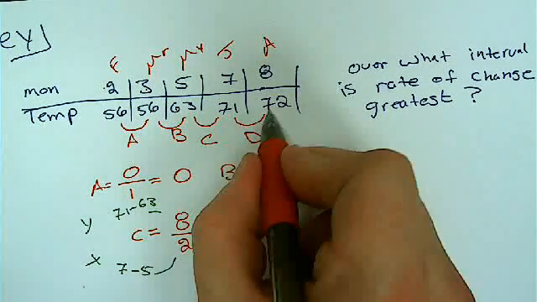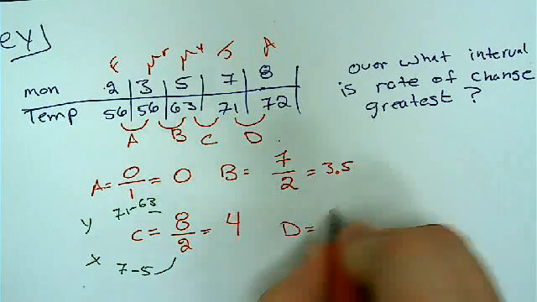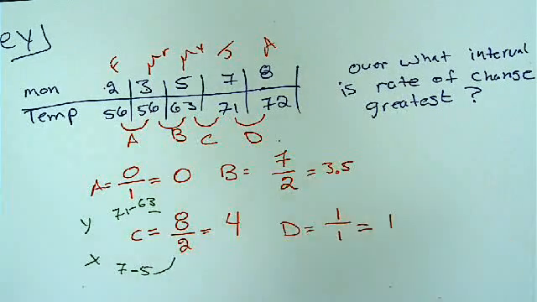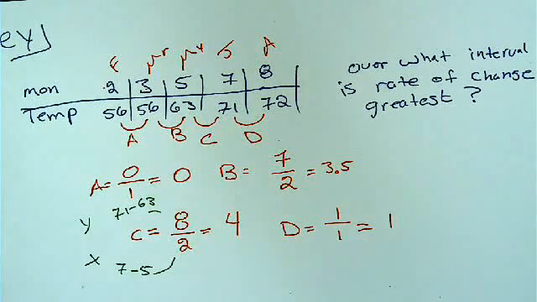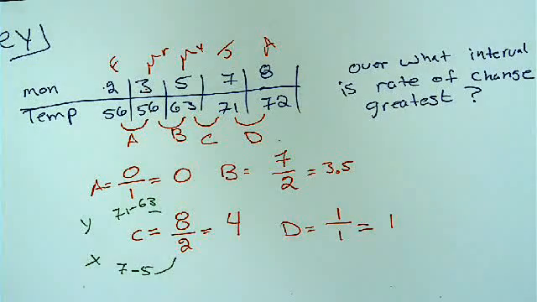Now I'll check my last interval, interval D. That's going to be a jump of 1 for 1 month. So I can look back and say, out of my options, which one of these 4 is the steepest, has the highest slope?